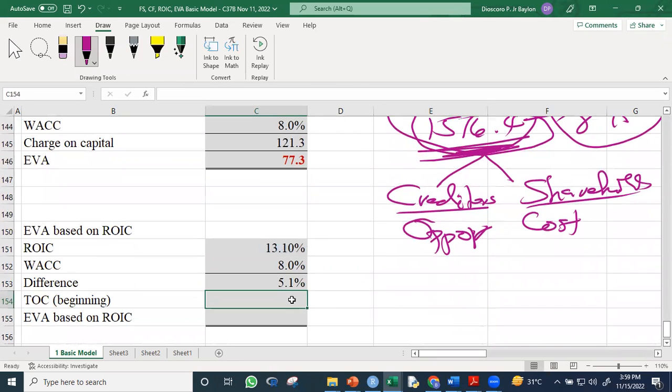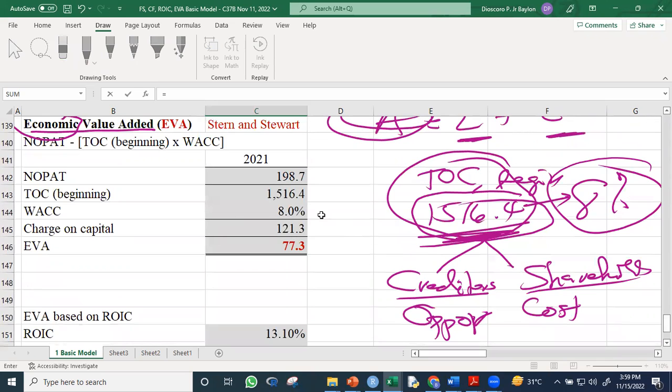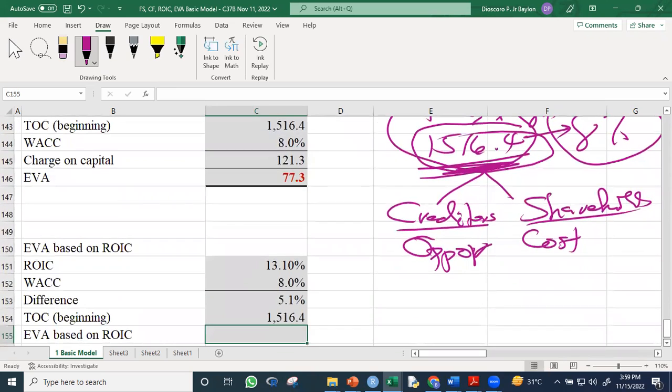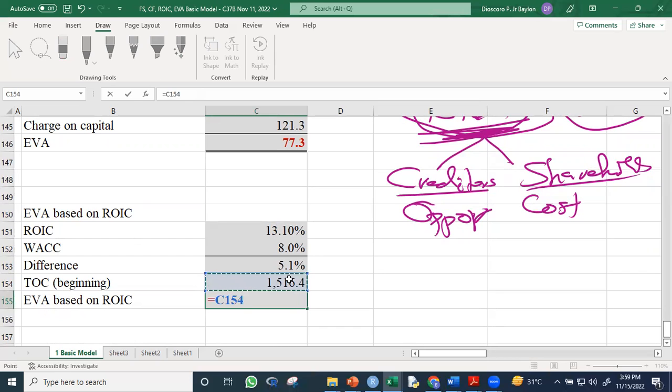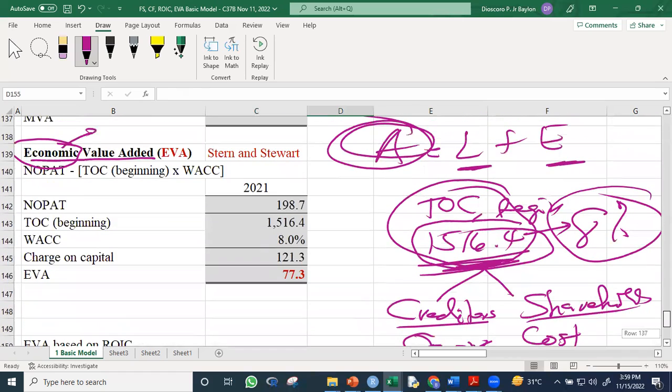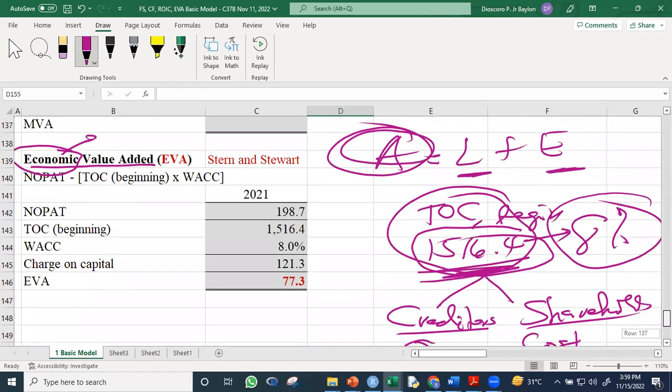So parang net interest ng company is 5.1%. So we will let the capital that was given at the beginning of the year, 15.16, earn this net interest. So 15.16 multiplied by 5.1%, you get 77. So pareho lang sila. Two ways to compute for your economic value added. So was value created? Yes.